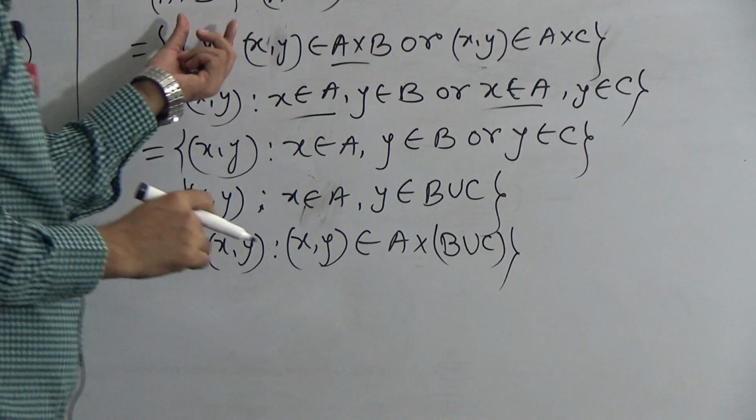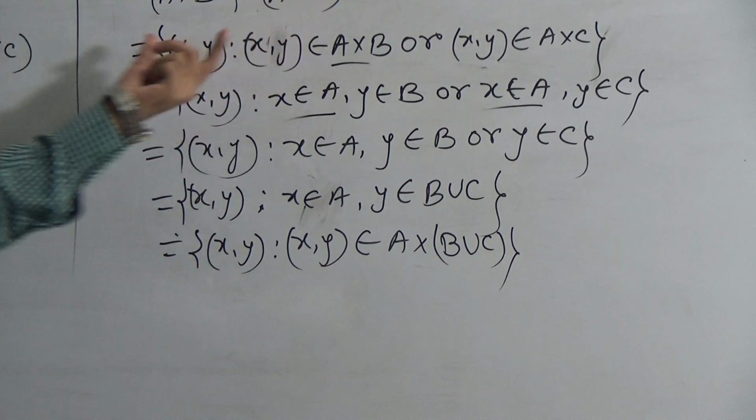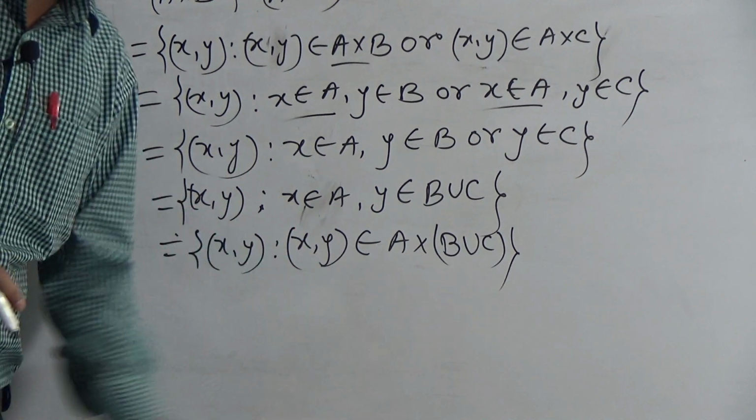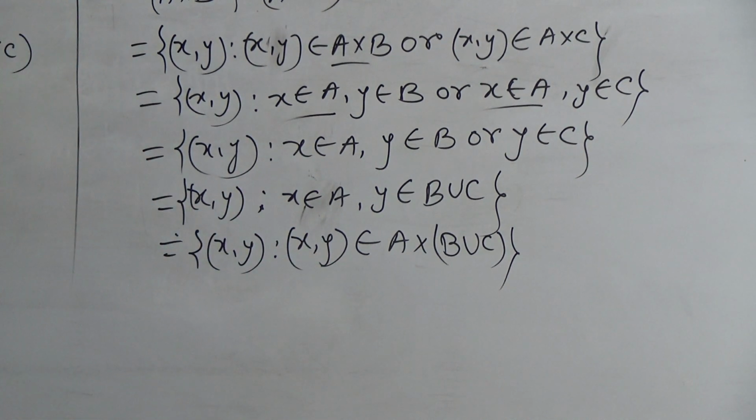So ordered pair xy is the member of right hand side, but I have shown that that is the member of left hand side. What does it mean? It means that right hand side is also a subset of left hand side.